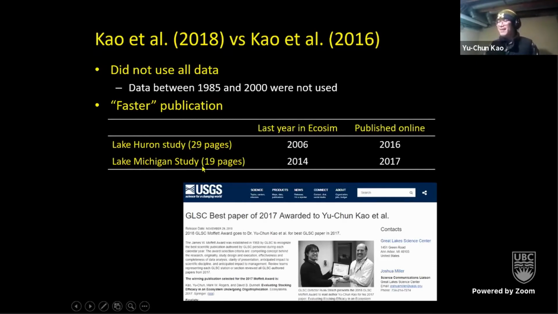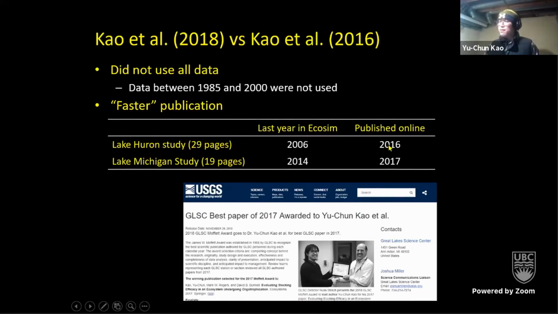And yeah, this is really the key I want to highlight. The Lake Huron study was a really long paper with 29 pages. And the lag between the last year in Ecosim and being published online is really long.